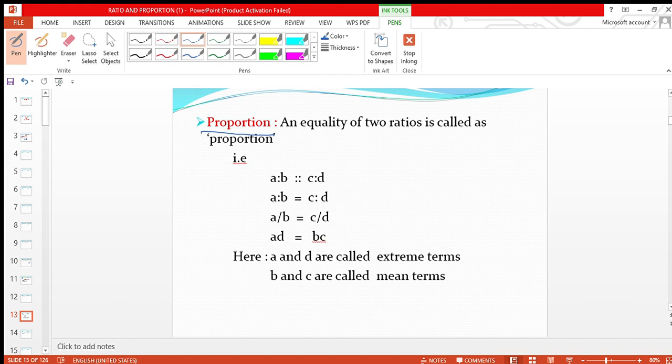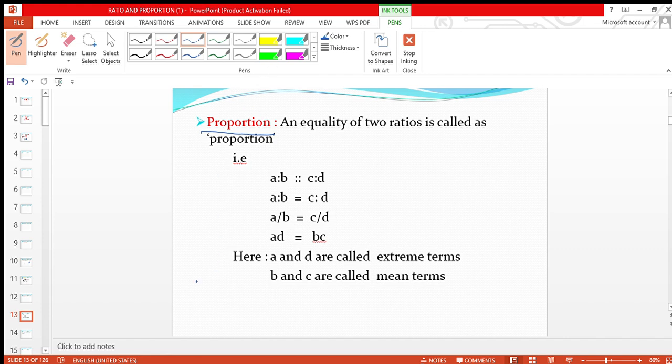Here A and D are called extreme terms. B and C are called mean terms. Write a note point.